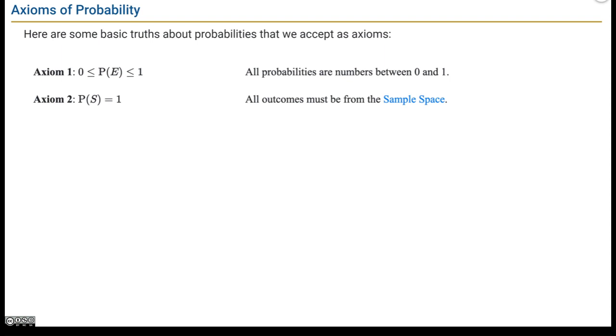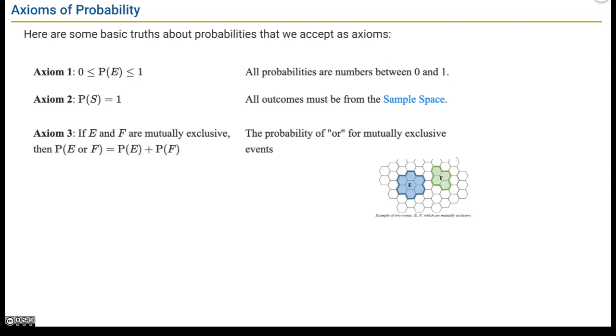So the probability of the entire sample space is equal to 1. And the last one is saying if you have two mutually exclusive events, then the probability of one or the other is the sum of the probabilities. So again, in our notation, I could use this union notation as well. And this just gives us a nice starting point for which we can start to calculate probabilities of more interesting scenarios.